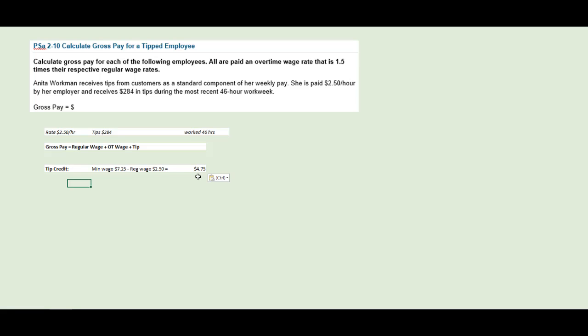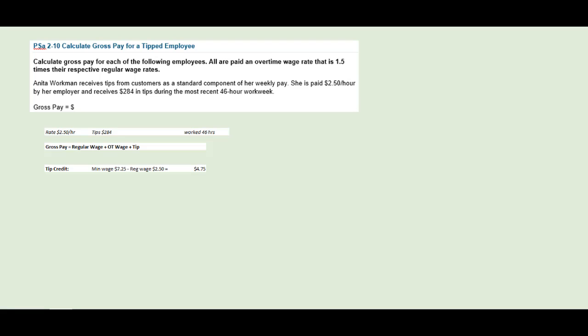It's the credit that's being utilized by the employer. They do not have to pay this amount due to the fact that the employee is getting tips. So this tip credit, $4.75, is very important.